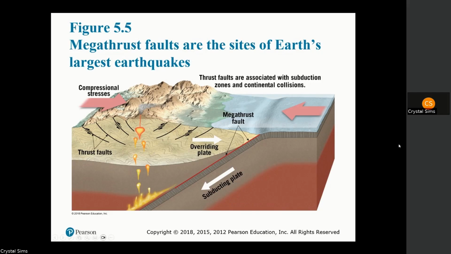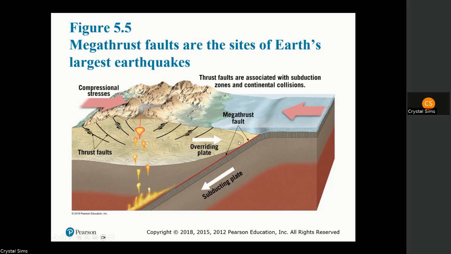But as this subducting plate slowly descends underneath the overriding plate, it drags and can bend this leading edge. So where we see the overriding plate, this leading edge can get bent here.